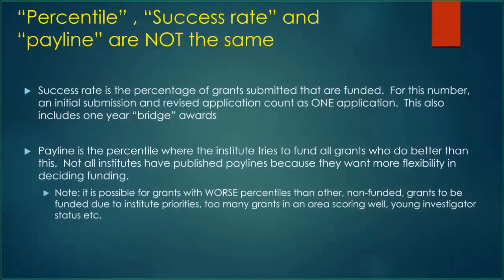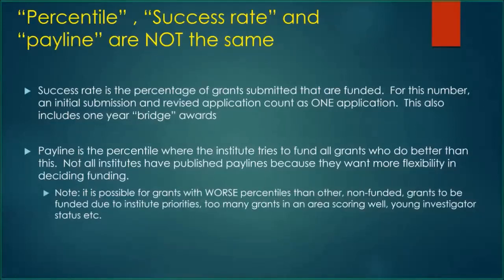Now, you will see institutes in the NIH statistics talk about success rate. And I think right now, NIH-wide, the success rate for R-level grant submissions is on the order of about 26%. Now, when you see 26% and your grant got a 23rd percentile, you're like, yes, I am well within the success rate, I'm going to get funded. Well, unfortunately, that's unlikely to be the case.